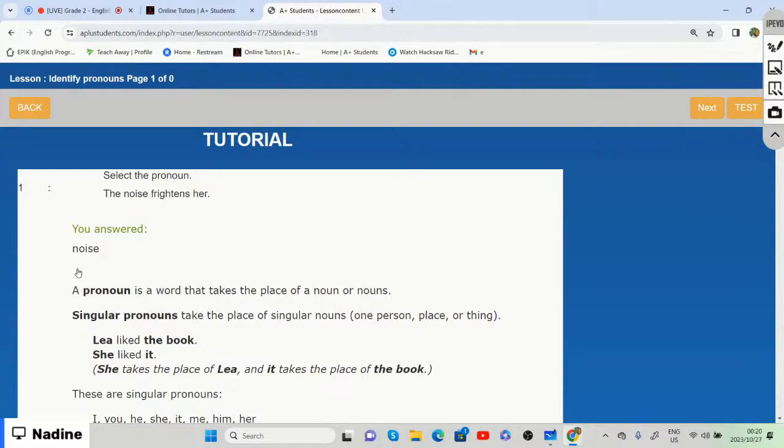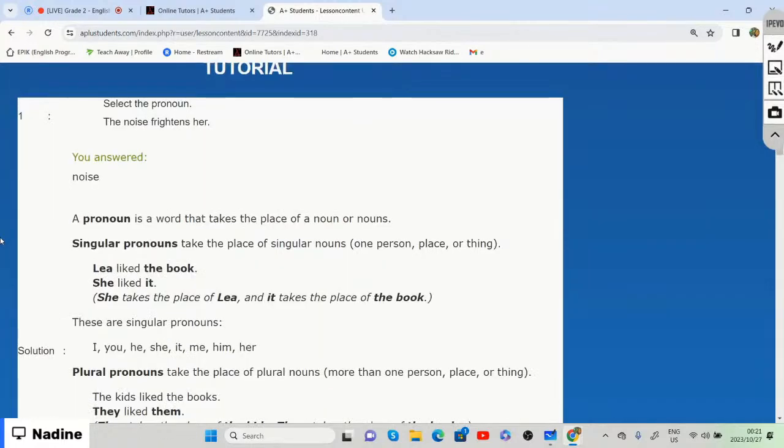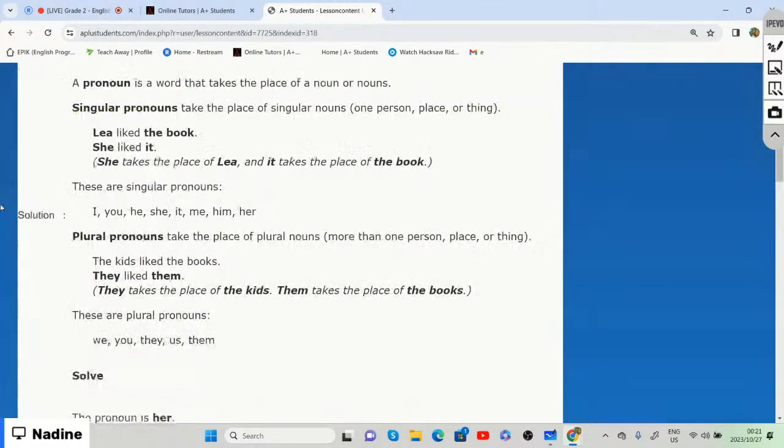Leah liked the book, so Leah is replaced by she and the book by it. And the singular pronouns are I, you, he, she, it, me, him, and her.